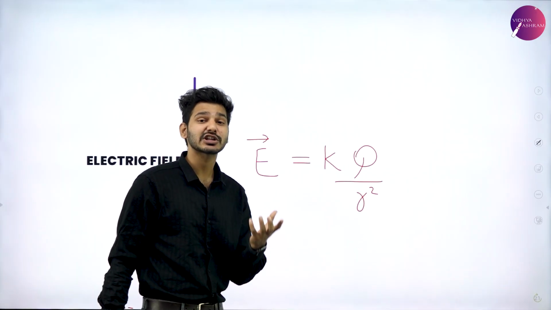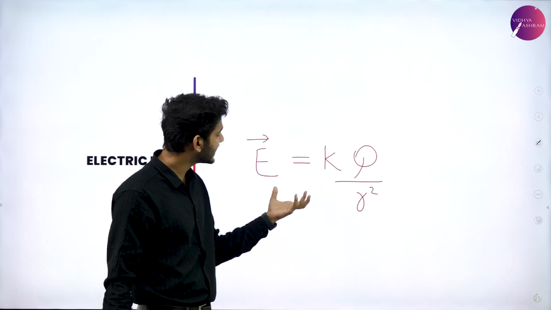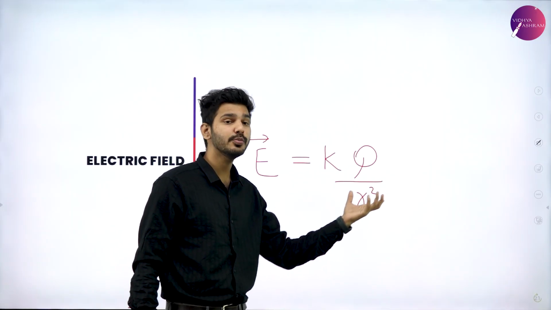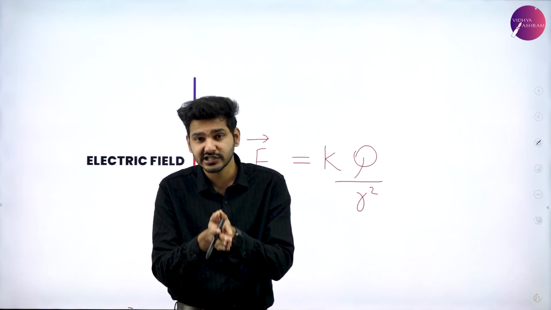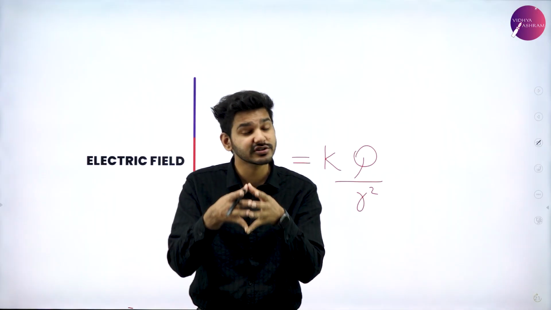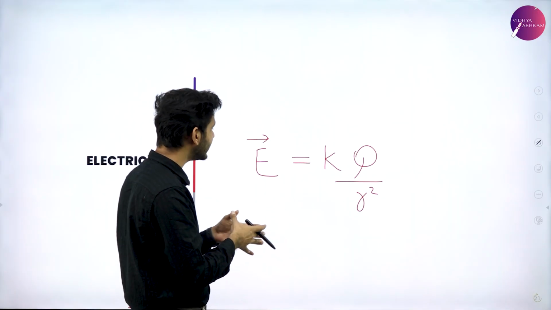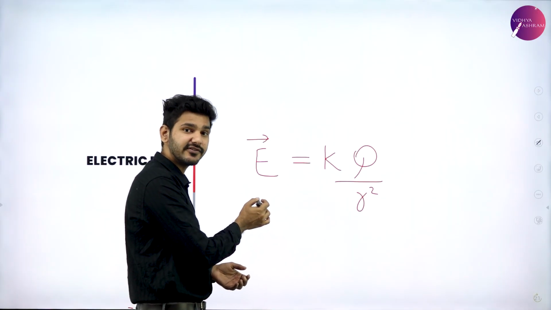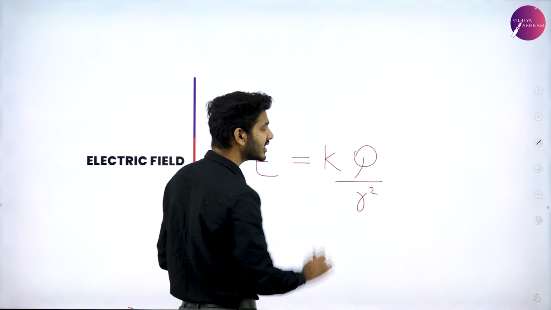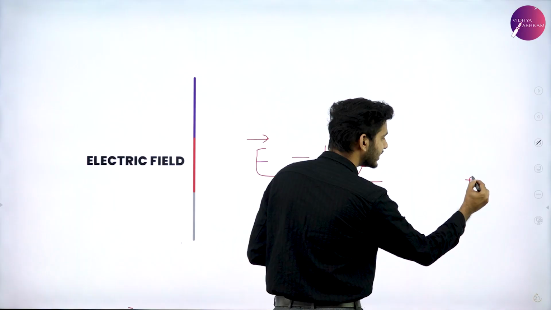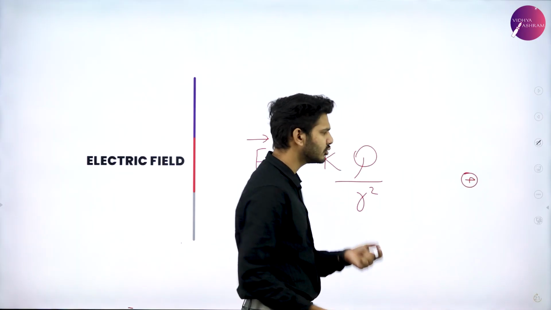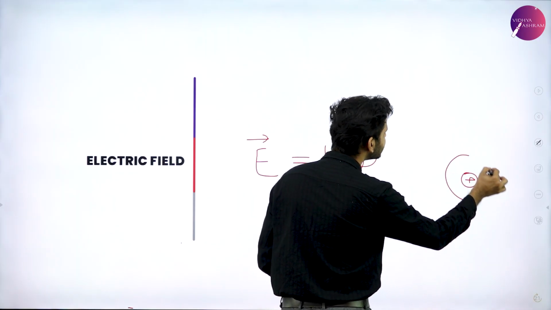So what does this actually mean? It says that the electric field is equal to a constant times Q by r squared. If you can read an equation properly, you can actually understand the concept behind it. What this actually means is that the electric field is directly proportional to the charge of the particle. If we have a small particle, let's say a small q, then the electric field will be small.